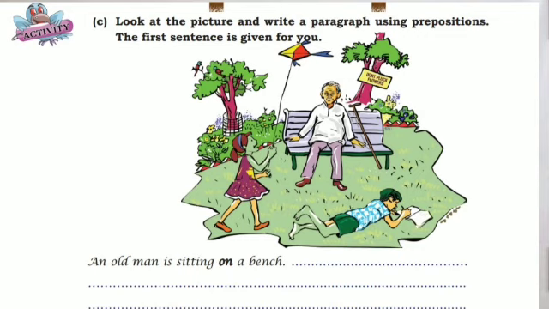Look at the picture and write a paragraph using prepositions. The first sentence is given for you. An old man is sitting on a bench. That on is a preposition.